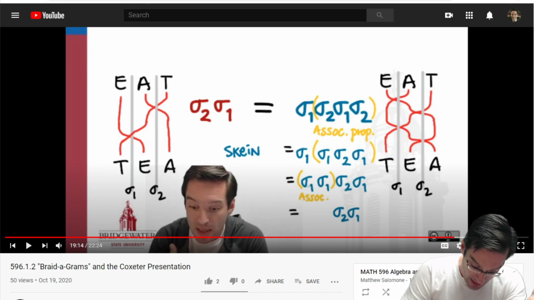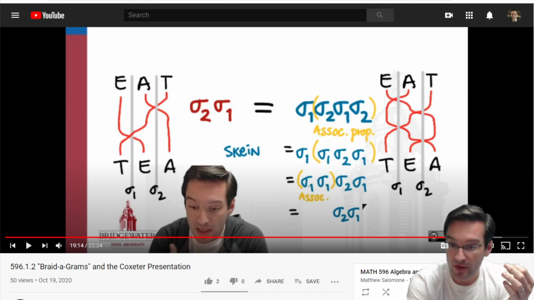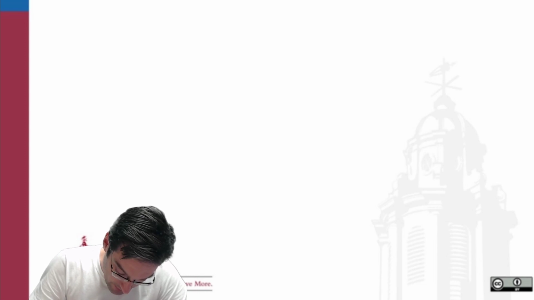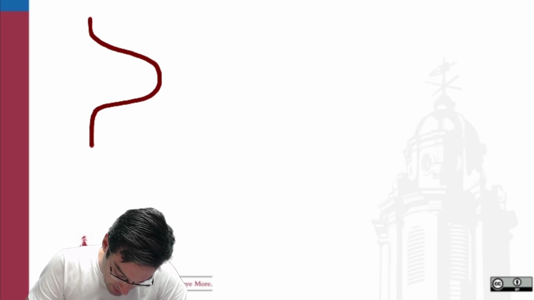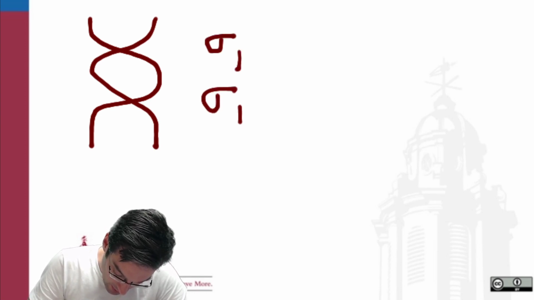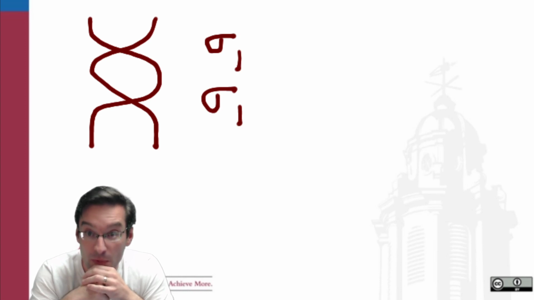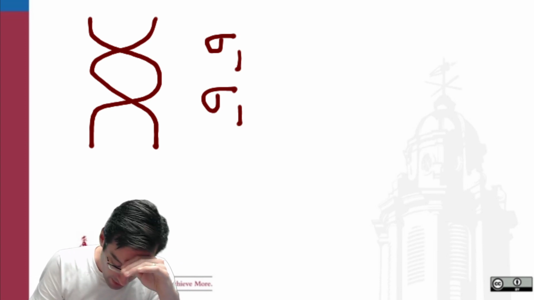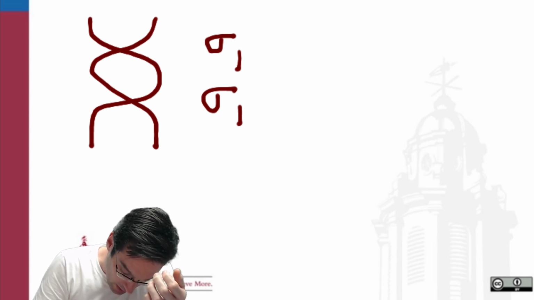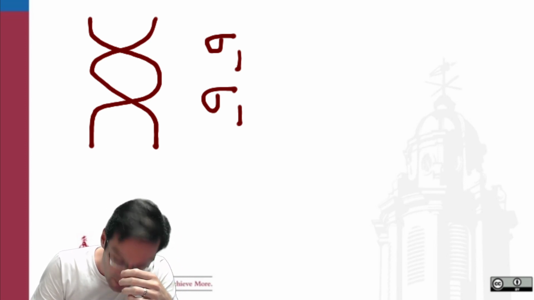And the reason for that in the world of Braid-a-Grams, if I go back to my diagram here for a minute, right? If I have a Braid-a-Gram and I do something like this, right? So this would be sigma 1 followed by sigma 1 in Braid-a-Gram world, right? Then because there's no orientations to these crossings at all, we're only paying attention to the permutation that's induced.